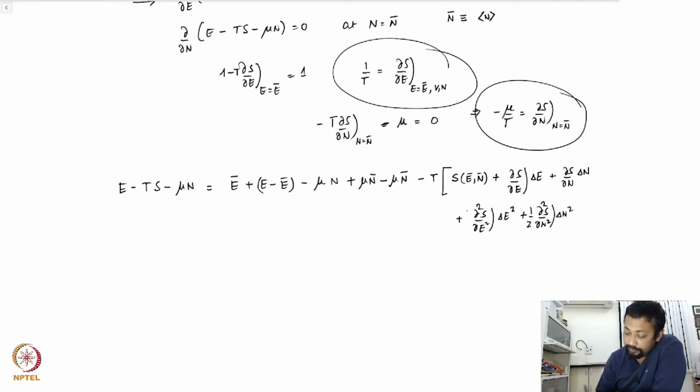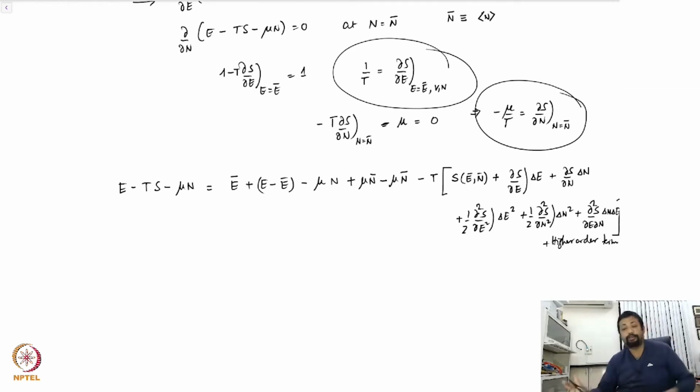There is going to be a half factor here, plus del 2S del E del N delta N delta E. Of course, you will have higher order terms which we will ignore.